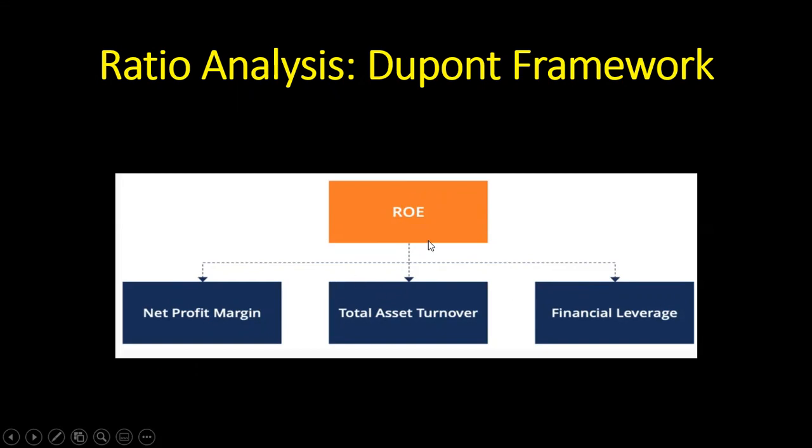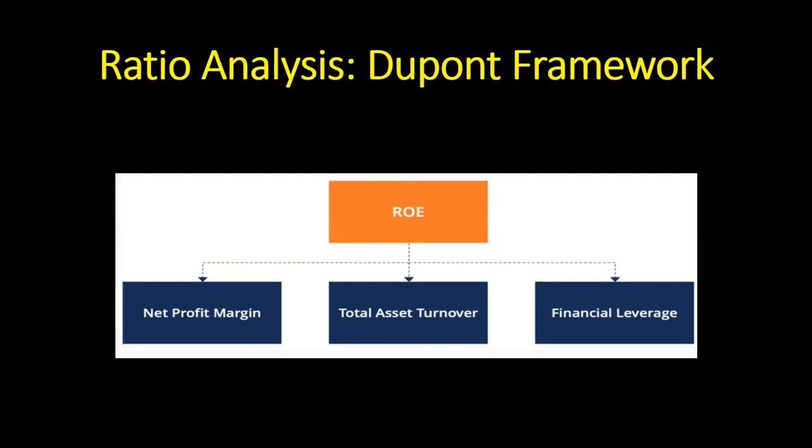So the DuPont framework says that return on equity depends on the net profit margin, total asset turnover, and financial leverage. However, in the DuPont framework, we can see that all ratios are given equal weightage. So there is no distinction on the basis of weights.